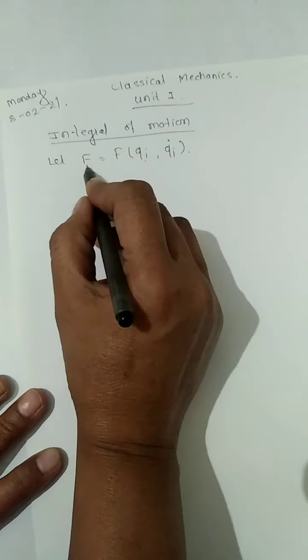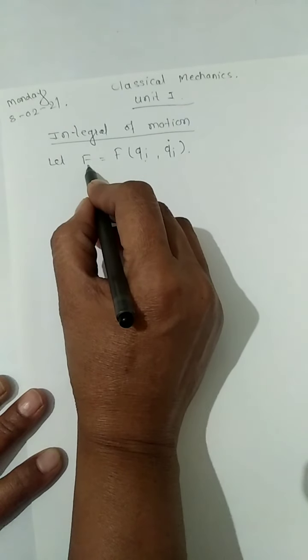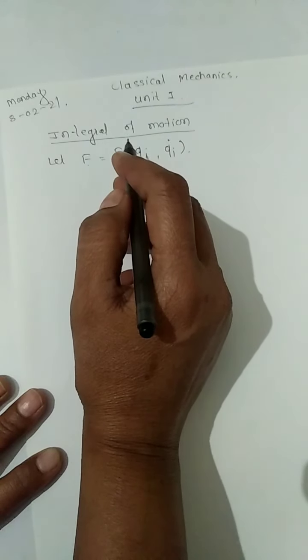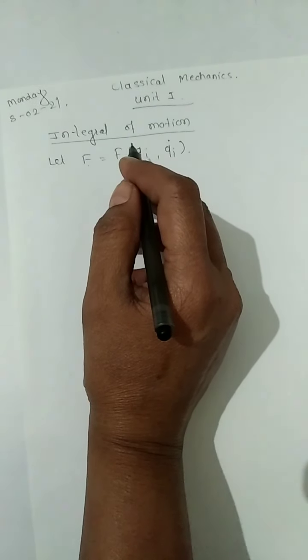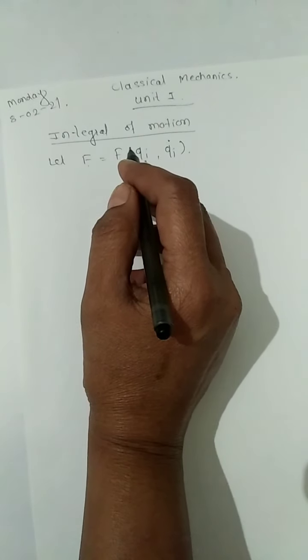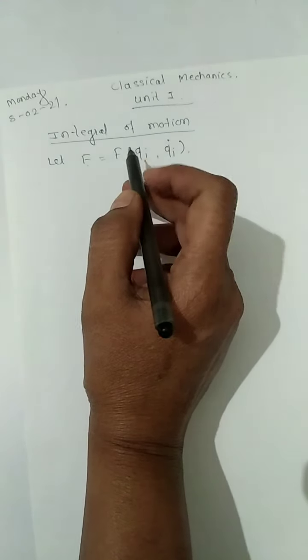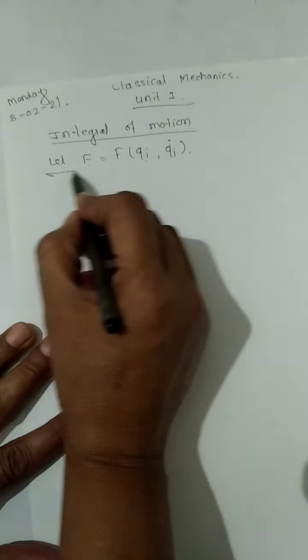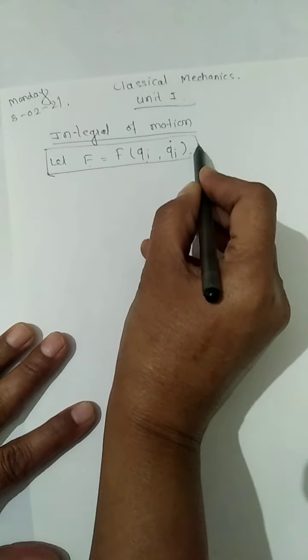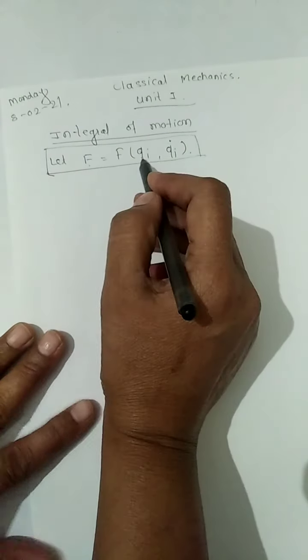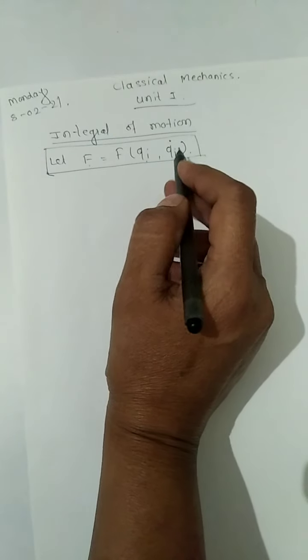If this F remains constant during the motion of the system and depends on the initial condition, then such a function F is called an integral of motion. This is the definition of an integral of motion. F is a function of generalized coordinates and generalized velocities.